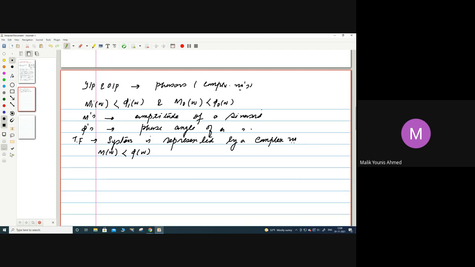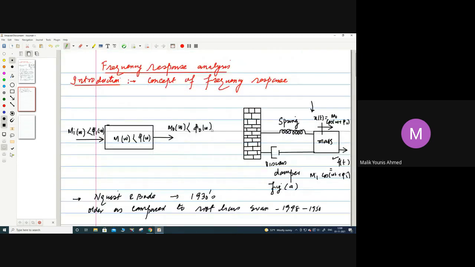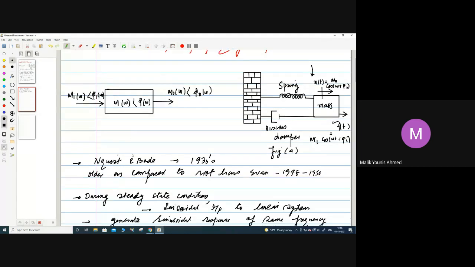Now we can see from figure B that the output response has a different magnitude and a different phase angle than the input, but the frequencies are the same. This is the representation of a system, or in other terms a complex transfer function. We don't normally say it like that, but we use the words: the system is represented by a complex number whose magnitude is M of omega and angle phi of omega, just like a transfer function.